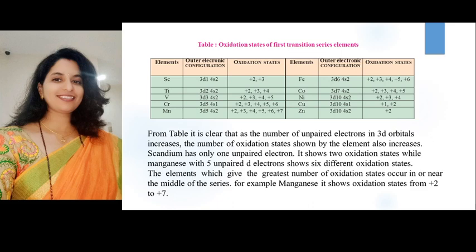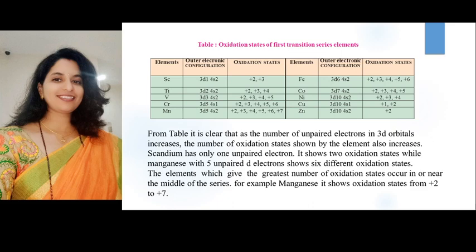Next is iron. It has 3d6 4s2, cobalt 3d7 4s2, nickel 3d8 4s2. It shows +2 and +3 oxidation states.